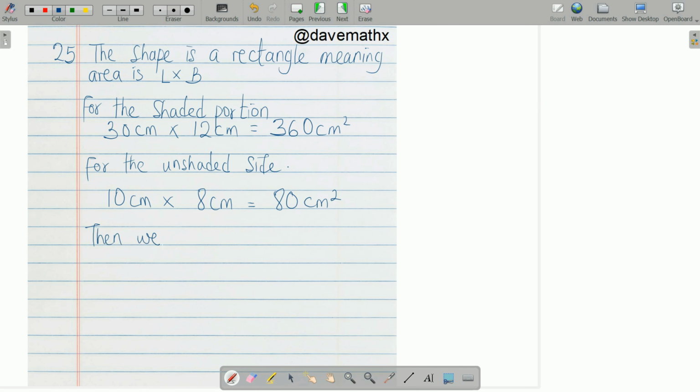Now we can say the difference between the rectangle shape is shaded minus unshaded. Then the final answer becomes 280 centimeters square.